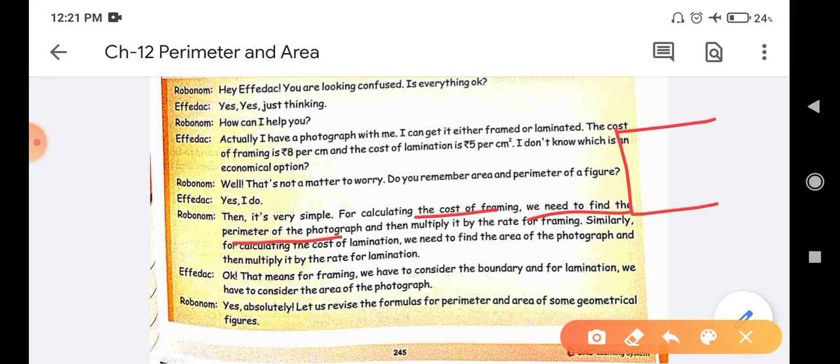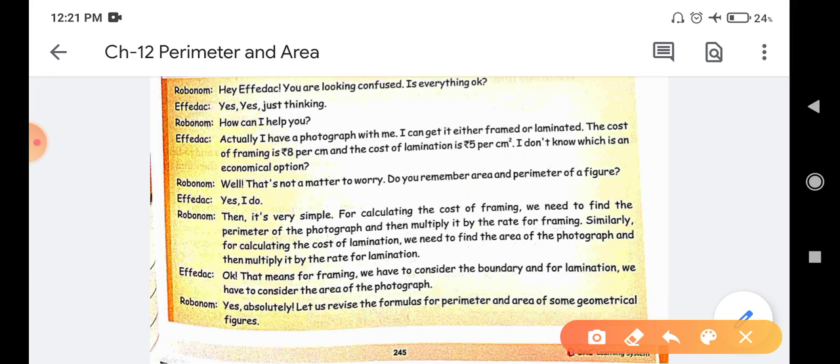If we want to frame a photograph, framing will be done on its boundary. So after finding the perimeter, we have to multiply it by the rate of framing.